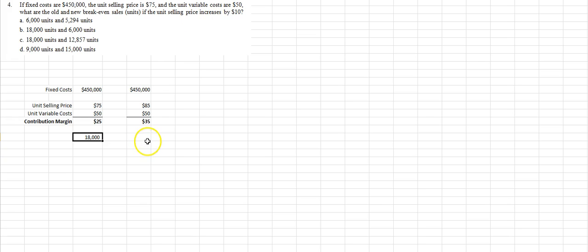And then you do the exact same thing here. 450,000 divided by 35 is 12,857 units. So the answer to that question is C, right? These are the break-even points in units. So it says, what is the break-even sales in units? Break-even sales units.